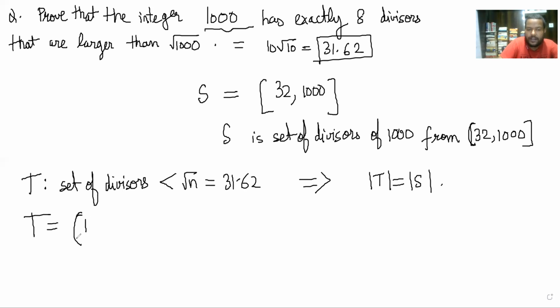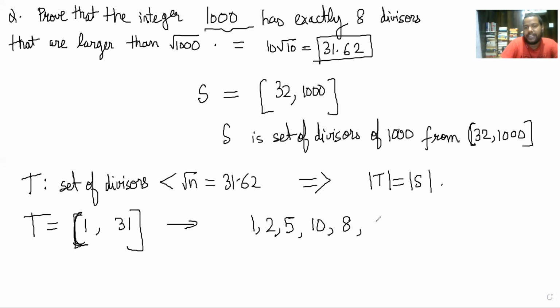1 to 31 we have to search, and that is very easy to find how many factors there are for 1000. We know 1 is a factor, 2 is a factor, 5 is a factor, 10 is a factor, 8 is also a factor actually, 8 into 125, and then you will have 20 as a factor, 25 as a factor, and probably there is one more factor. 25, 20, what else? 16 will be a factor, I think. 8 into 125.